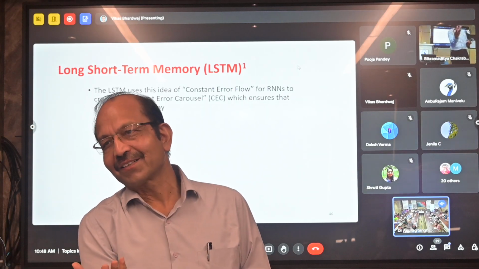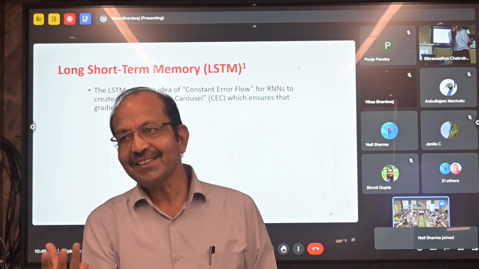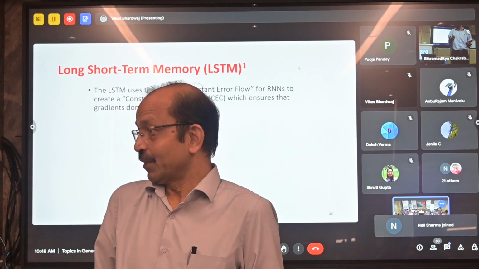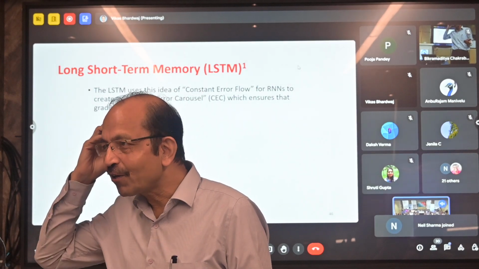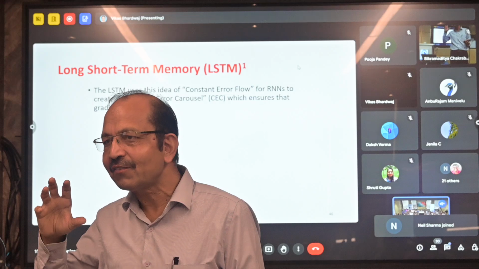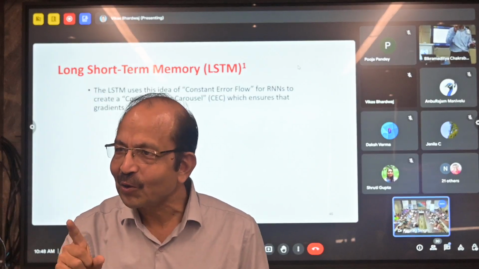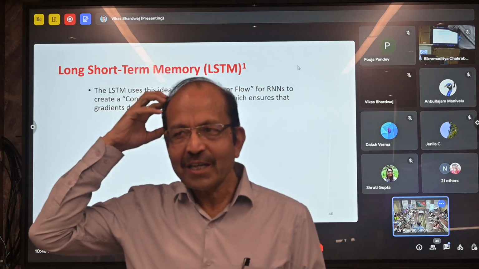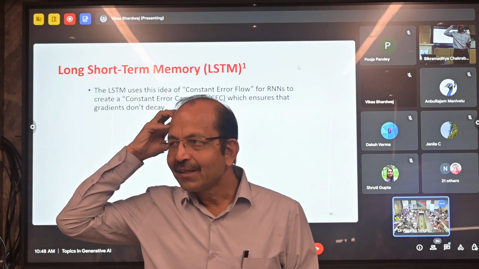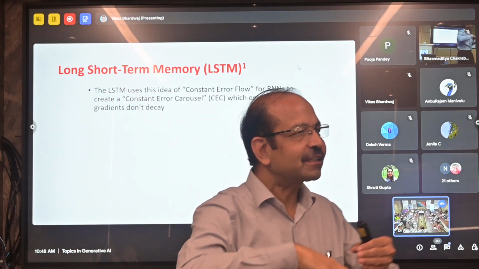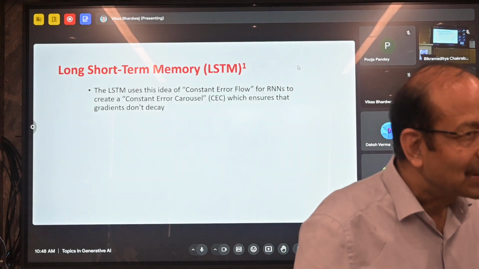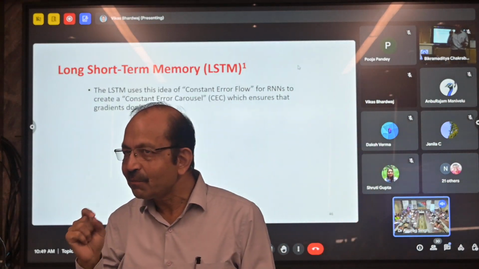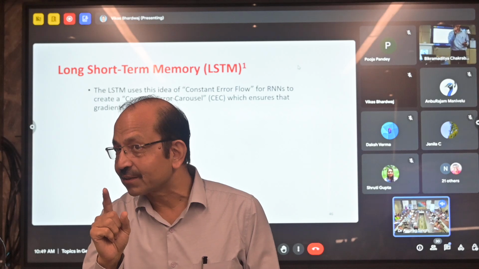Which things do we remember? Which are important to us. Our brain, our neurons, are very intelligent. They know what to remember and what to forget, because you have limited memory, and in this limited memory you cannot keep all the information. So we are able to keep important information.